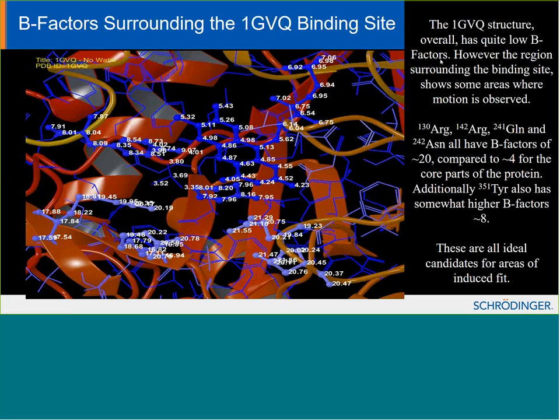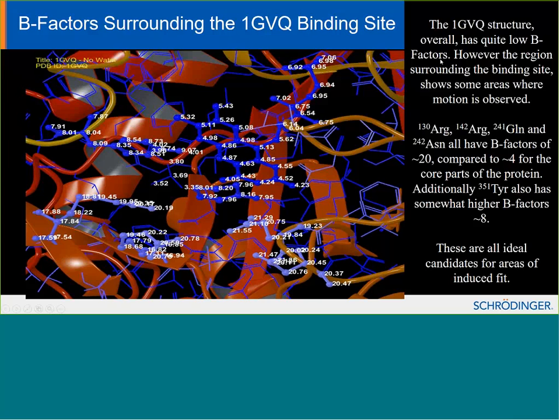The more the atom moves, the less confidence we have that it sits in one place. So if it sits in one place, it has a low B factor and it's a dark blue color, often referred to as a cold color. If it has a high B factor, which means it moves a lot, it's going to be a lighter shade of blue through to pink and through to red, and red is considered quite hot.